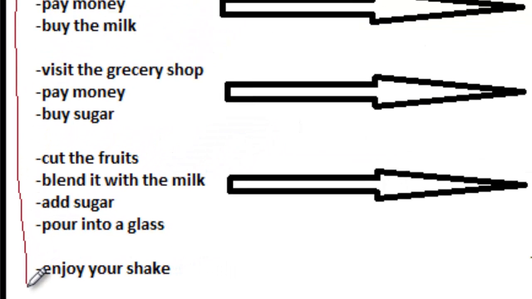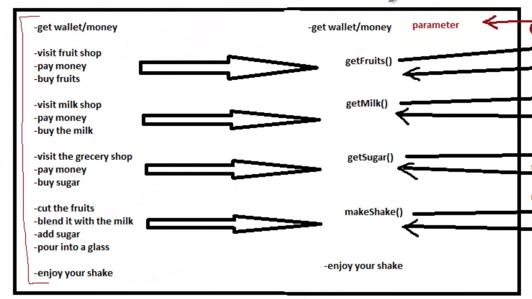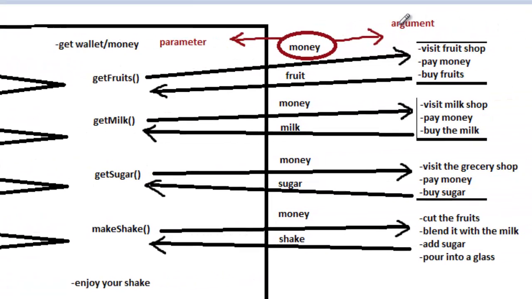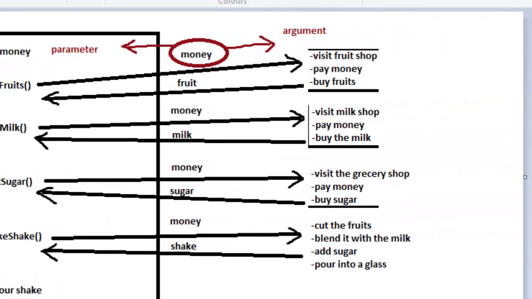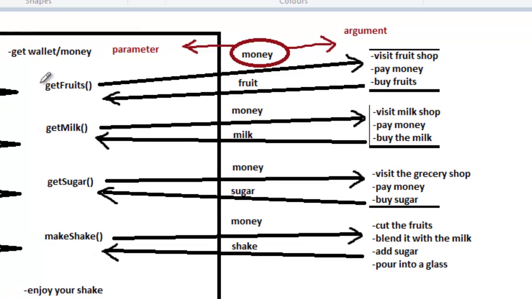So at the side of this code, the money will be called an argument, and on the side of the function, the money will be called a parameter. Okay, and the return type, that is the fruit, is simply called return type.